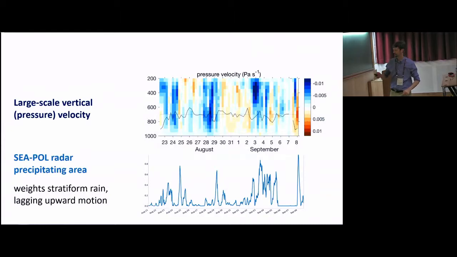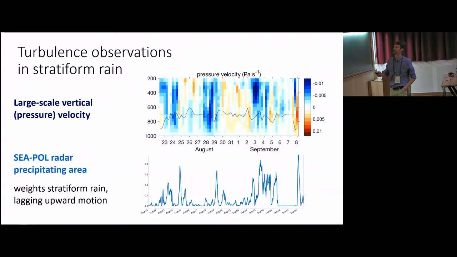And actually, if you look closely, the rain area lags the upward motion somewhat, because the larger area rain is by stratiform rain systems which follow the convective rain. The stratiform rain being hydrometeors that change into ice phase and then eventually settle out and become rain and fall down over the region.